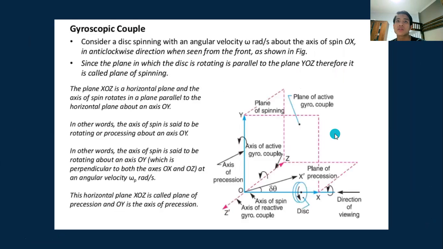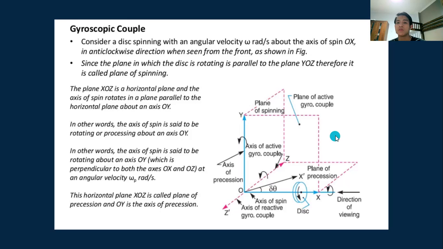Here is the gyroscopic couple. As we know, it works in three dimensions. So we can see the planes of x, y, and z, and also here the axis of precession, the spin, and also the reactive gyroscopic couple.